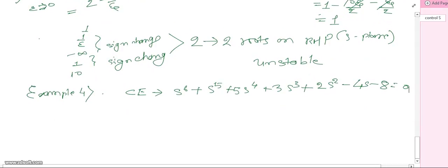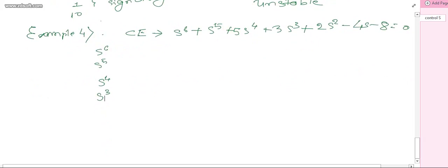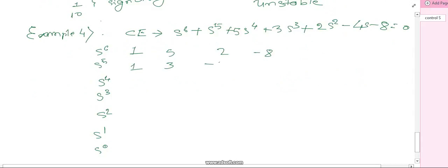Now Routh table: s power 6, 5, 4, 3, 2, 1, and 0. Here you get 1, 5, 2, minus 8, and here you get 1, 3, minus 4, 0.